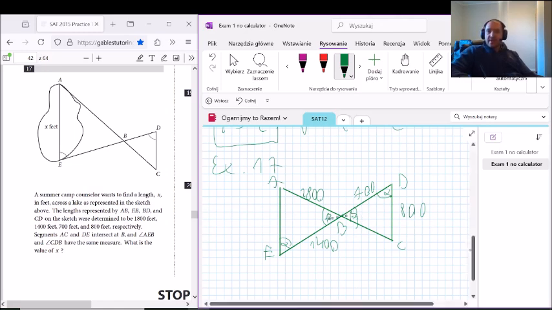So they are the same, and this means we can calculate that this angle has to be 180 minus alpha minus beta. And the same goes for this angle. It is also 180 minus alpha minus beta.